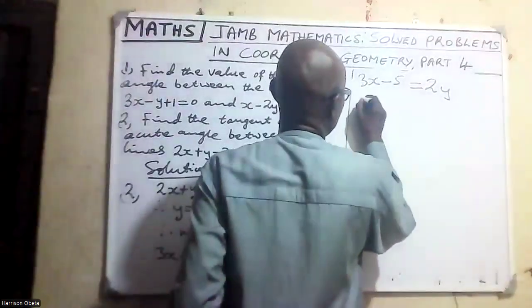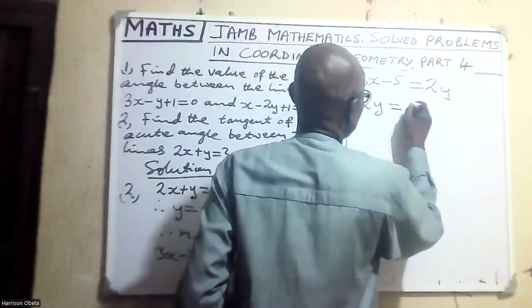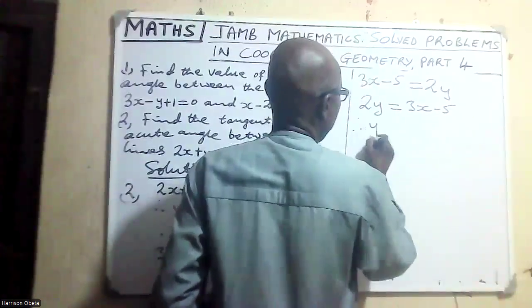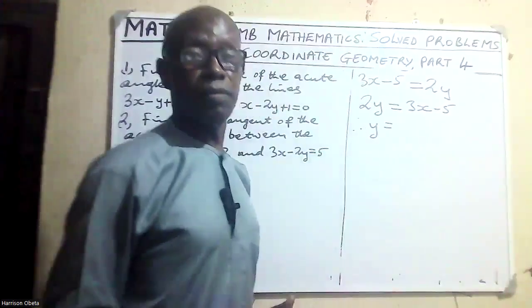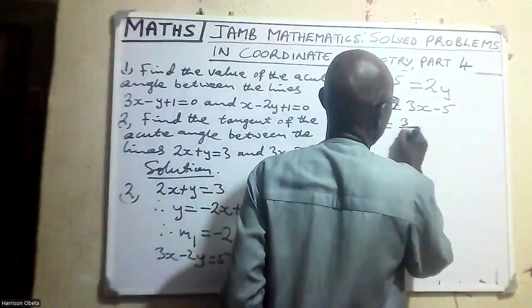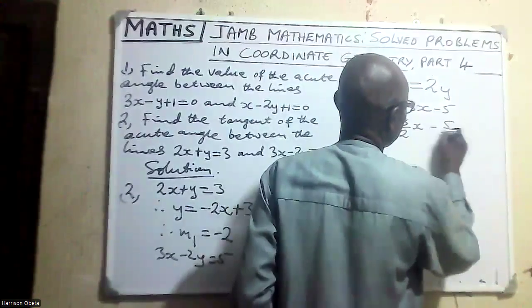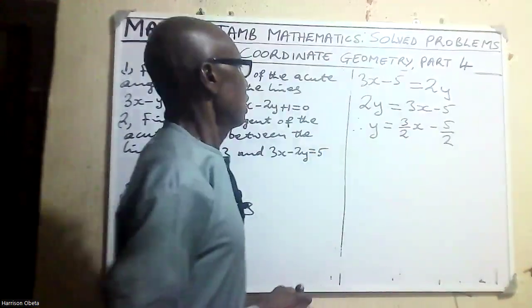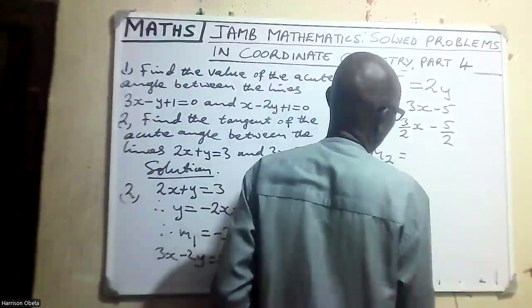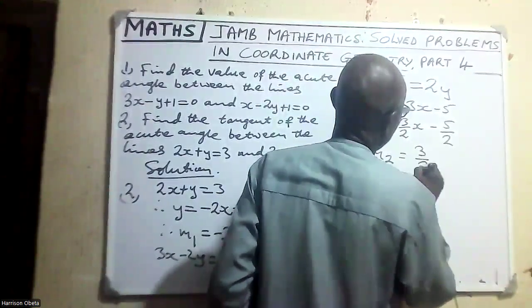We can also write it as 2y is equal to 3x minus 5. Therefore, dividing through by 2, y is 3 over 2 x minus 5 over 2. That means my m2 is equal to 3 over 2.